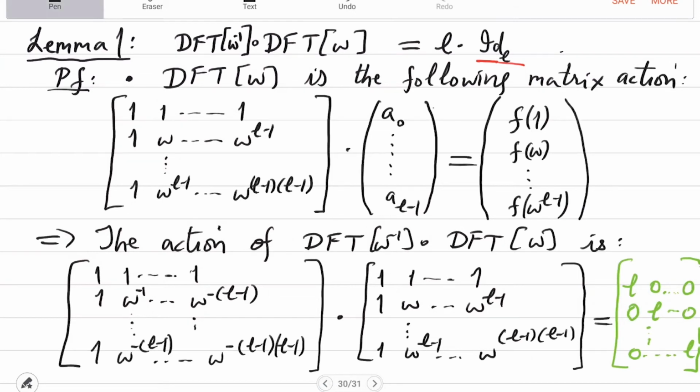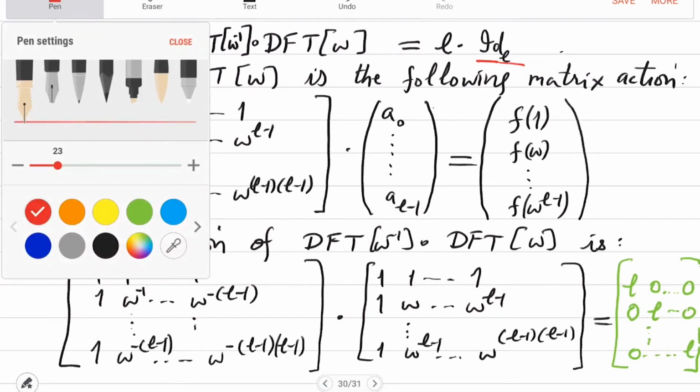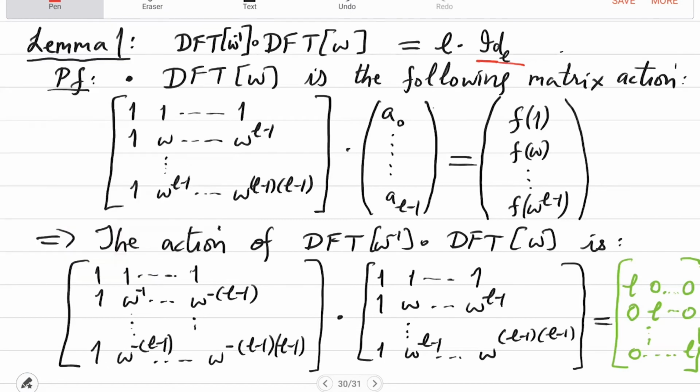You wanted that to make sense. So we want to look at L inverse times DFT omega inverse.